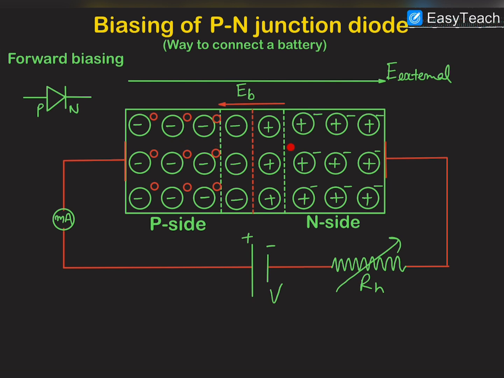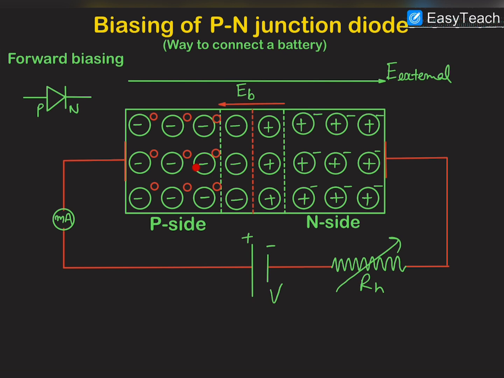So a current flows, which is the diffusion current, due to the majority charge carriers through the diode. And these holes and electrons recombine at the junction. And due to their recombination, photons are emitted from the junction, like that.